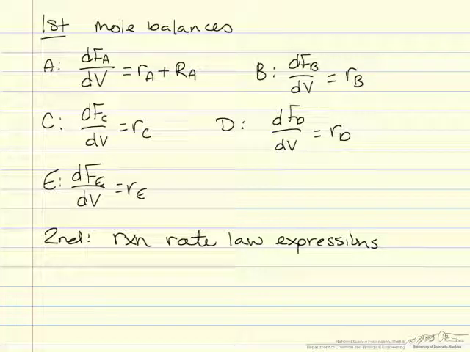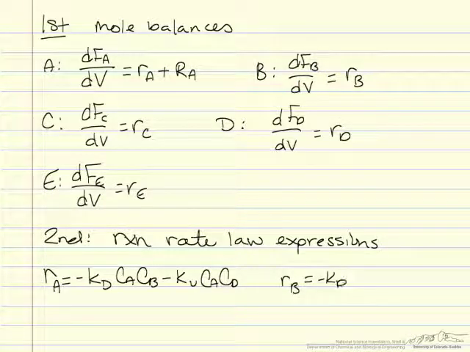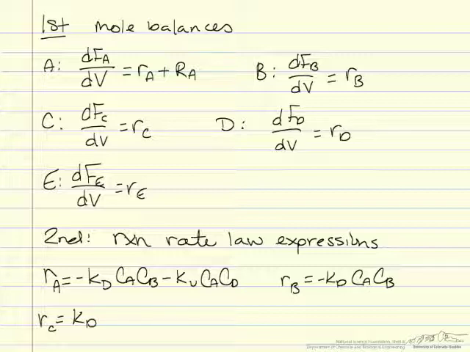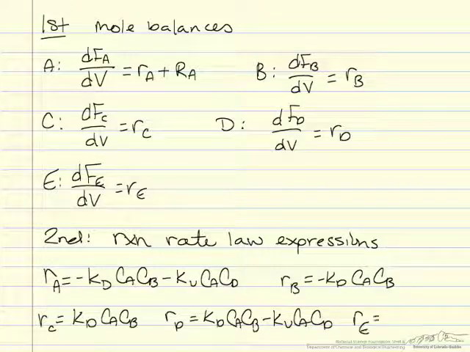So for the rate of disappearance of A, it's going to be consumed in both the desired reaction, and this was its rate law expression, but then it's also going to be consumed by our undesired reaction that was dependent on the concentration of A and D. And then our reactant B is just going to be consumed by the first desired reaction, and then C will be the product of our desired reaction, and then D will be produced by the desired reaction but consumed by the undesired reaction, and then E will be formed by just the undesired reaction.